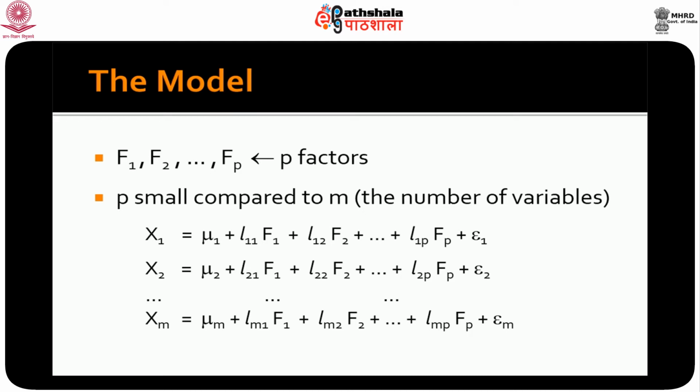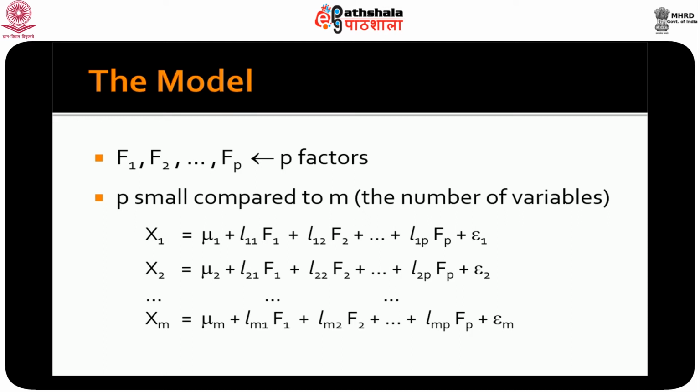Mu1 is the constant here, and we will see that it plays the role of the mean, and the Lij's are basically the coefficients. So, this gives us a linear combination of the p factors, which gives us x1. Similarly, we can have x2 explained by another combination, xm explained by an mth combination. So, we can have different combinations leading to the m different variables.